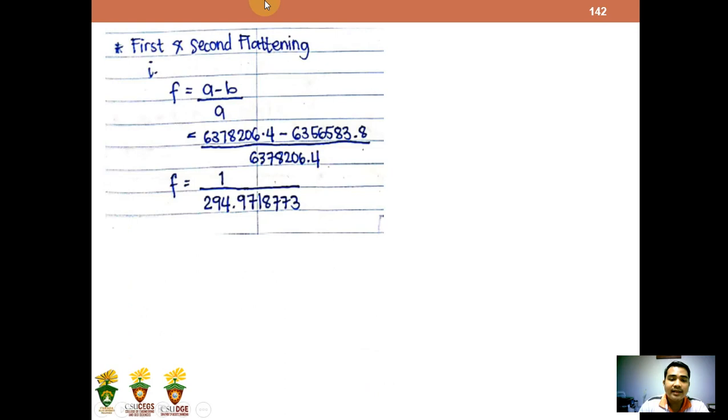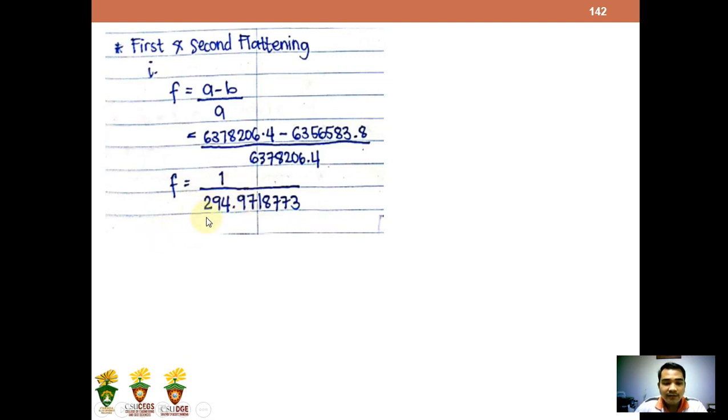For first flattening, we have this formula. f is equal to a minus b over a, or semi-major axis minus semi-minor axis all over semi-major axis. Substitute the value of a: 6378206.4, b is 6356583.8, all over a, 6378206.4. Therefore, we have flattening of 1 over 294.9718773. Sir, this form does not come out on my calculator.